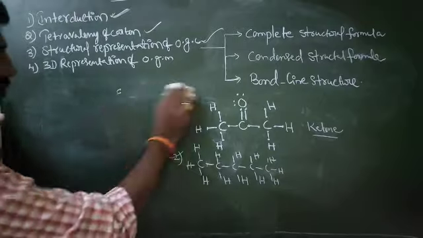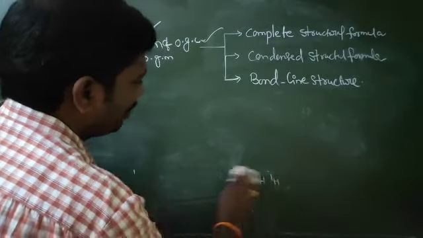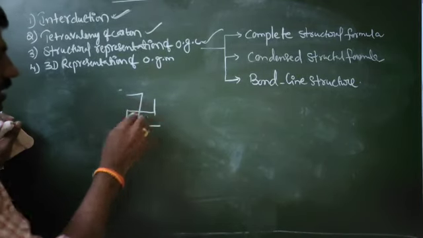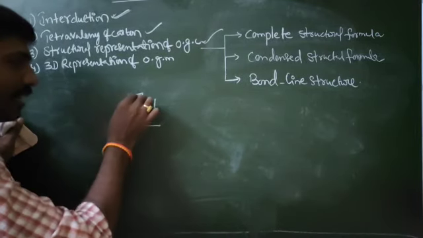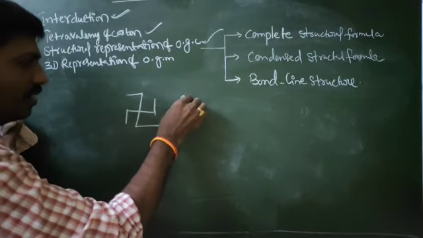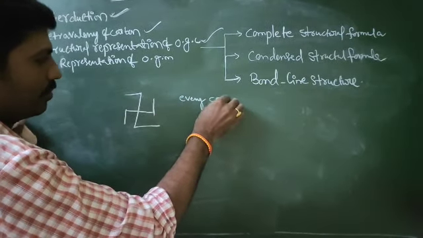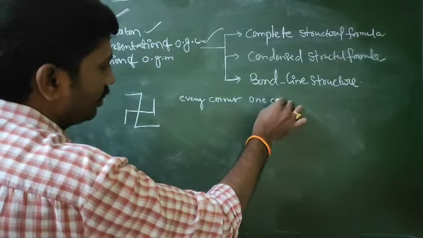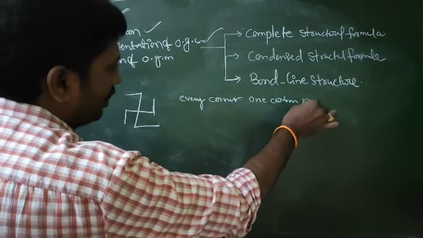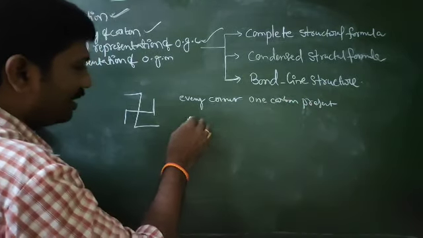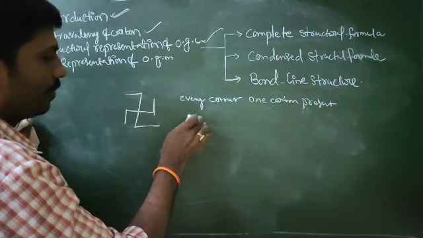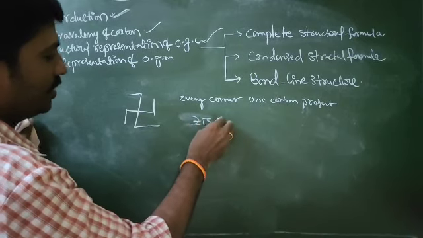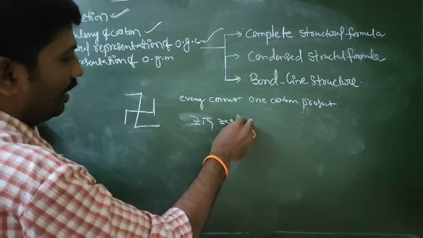Next one, last one, what does bond line mean? Bond line means like this is there. Every corner has one carbon present, in a zigzag line.